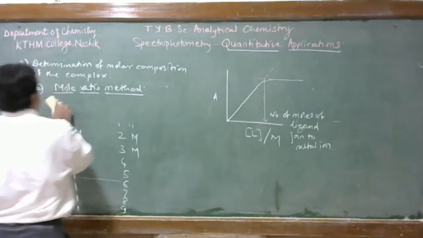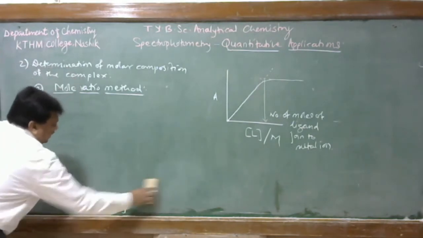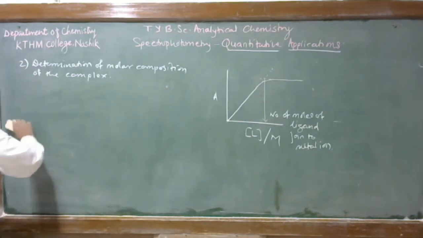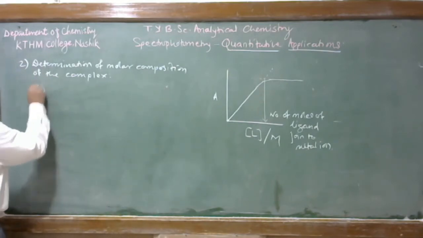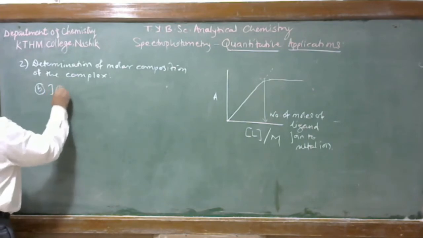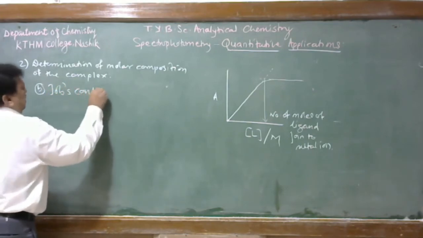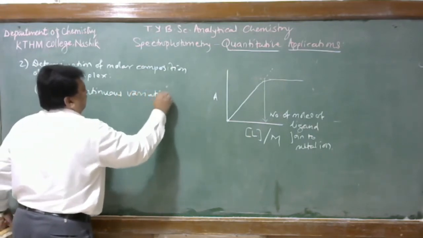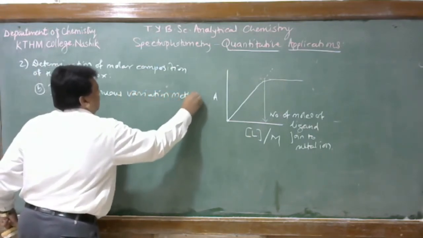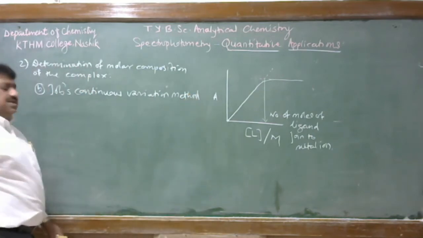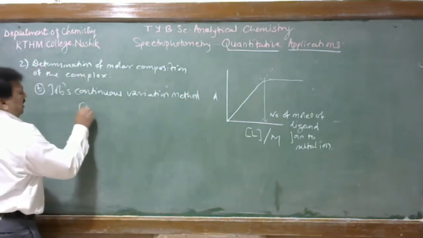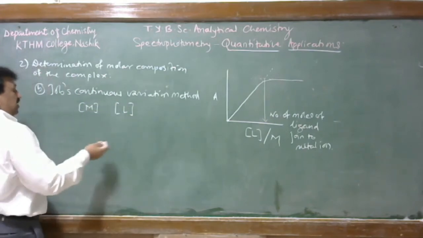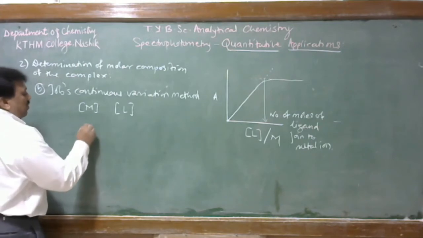The second method, which is used for determination of composition of complex, is called Job's continuous variation method. In this case, the total concentration of metal ion and ligand is kept constant throughout the determination of composition of complex.